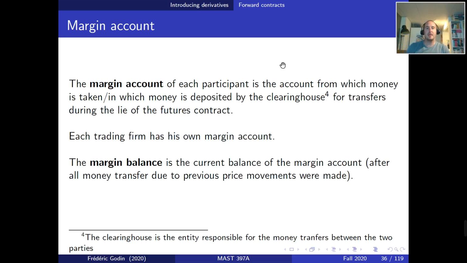Okay, so typically when clearinghouses match institutions, they identify a potential short position and a long position, and they match them together.